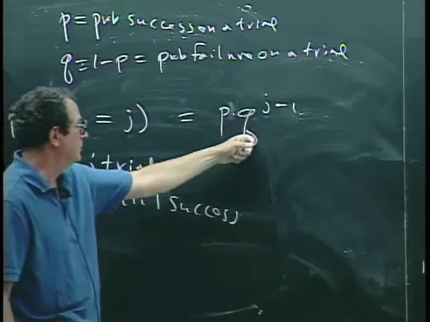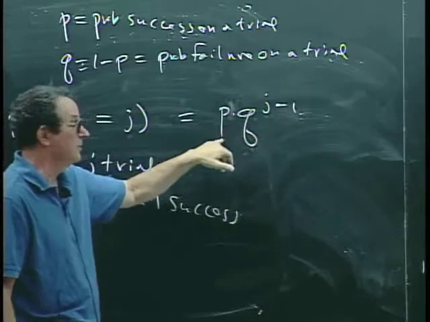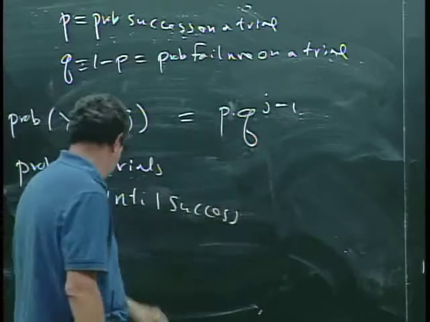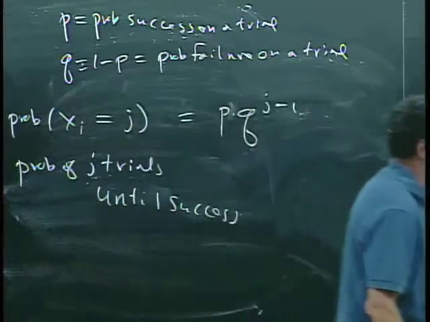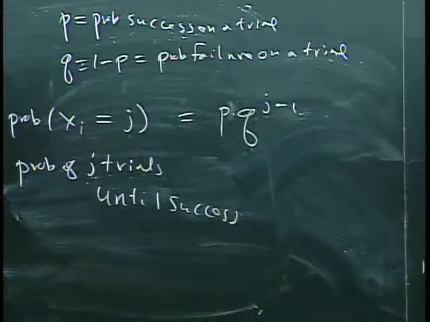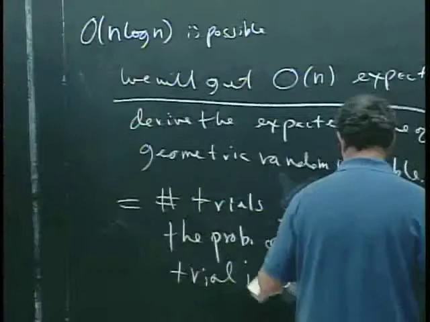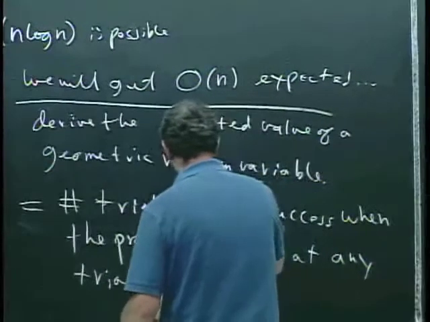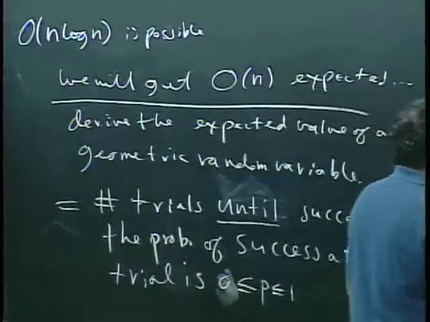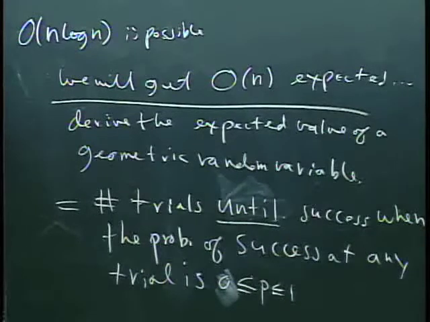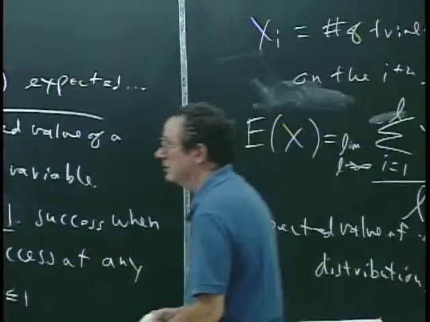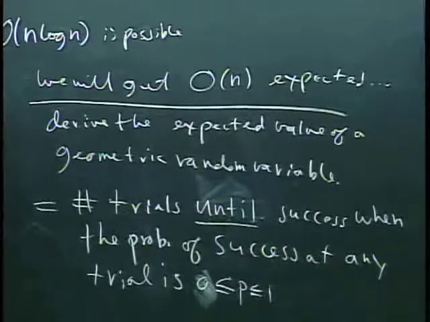So we're multiplying by q, j minus 1 times, and then finally you have success, and that's p. Okay, so now we can go back here and say all of this was until success.